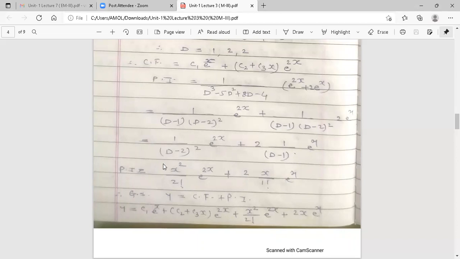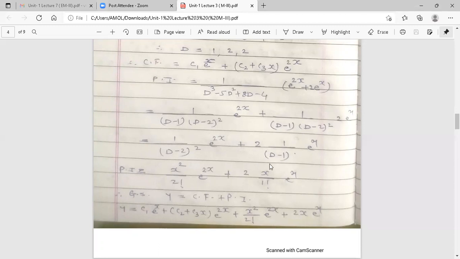Now again solve for (D − 2)². Here the function is e^(2x). If we replace D by 2, then it is a case of failure. So it is that type, 1 upon (D − a)^r e^(ax). The value of r is here 2, so x² upon 2 factorial into e^(2x).